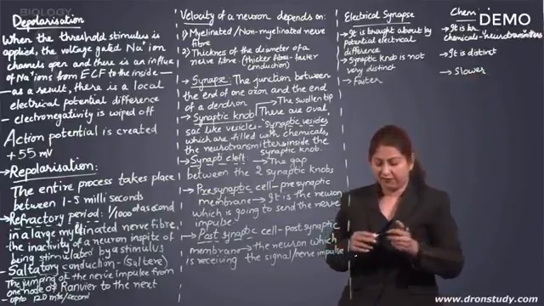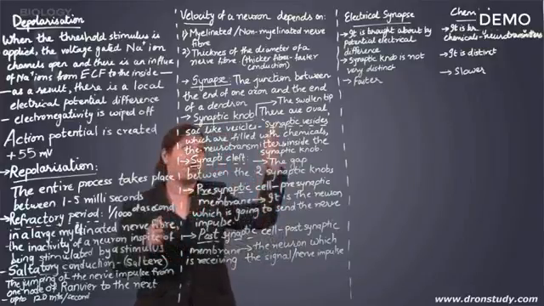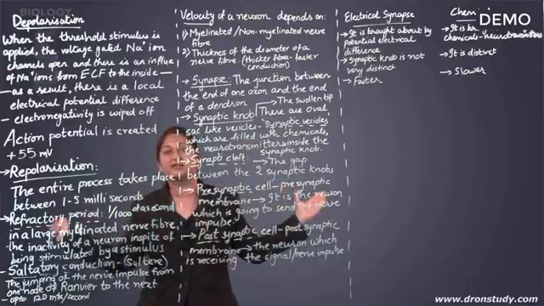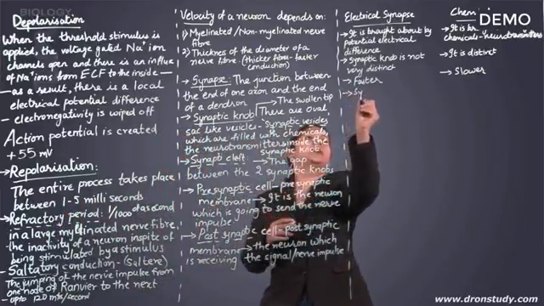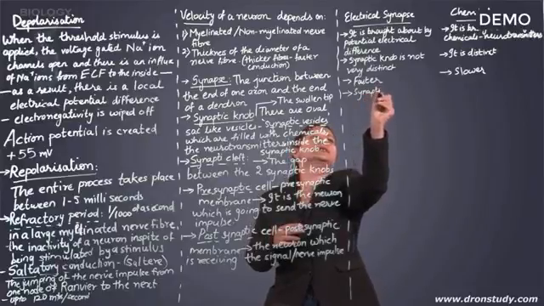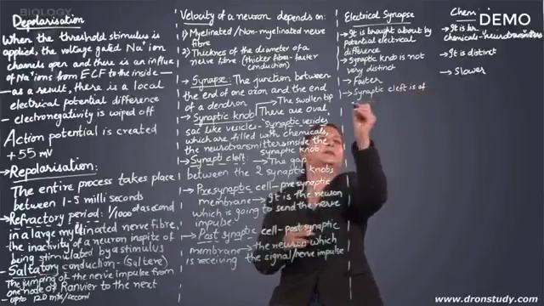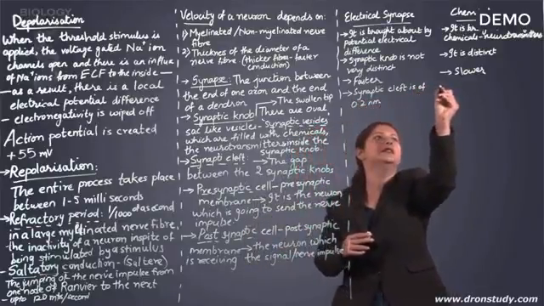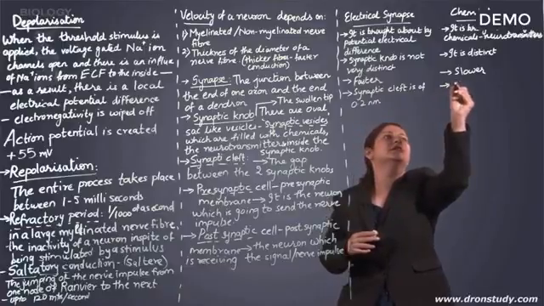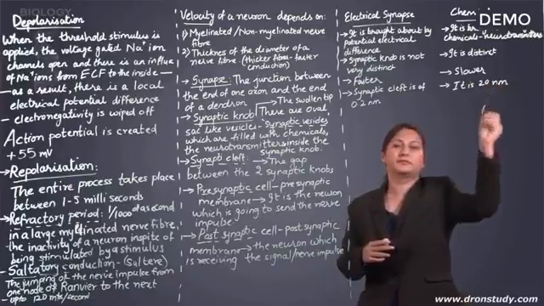If you look at the cleft size of the electrical synapse and chemical synapse, it is way apart. Here the synaptic cleft is 0.2 nm and here it is 20 nm.